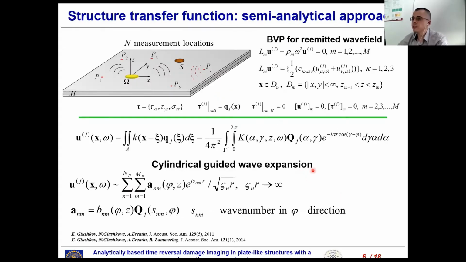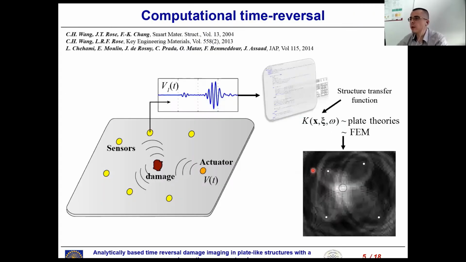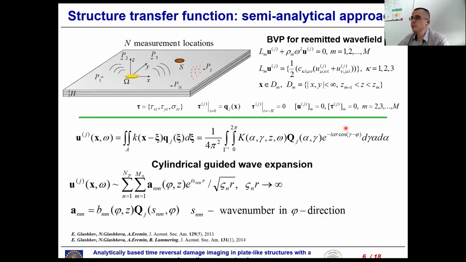Our idea is to provide this transfer, and the most important part here is that to do this re-emission, we need a structure transfer function. This could be done in various methodologies using plate theories, finite elements, but for our team it is typical to do this in an analytical way. Very briefly about this approach, we are assuming that we have an infinite elastic laminate or infinite elastic plate.